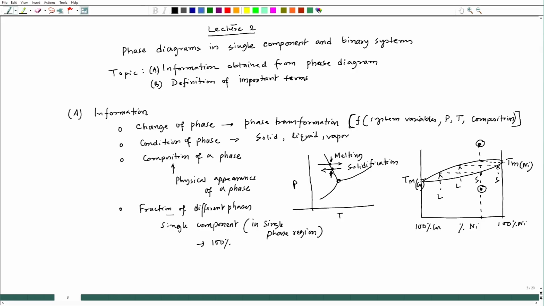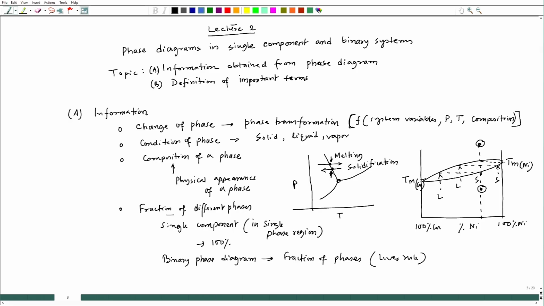Okay. But in case of a binary phase diagram, we do get fraction calculation, fraction of phases with the help of the lever rule. Okay. Now, this lever rule will be taught later.